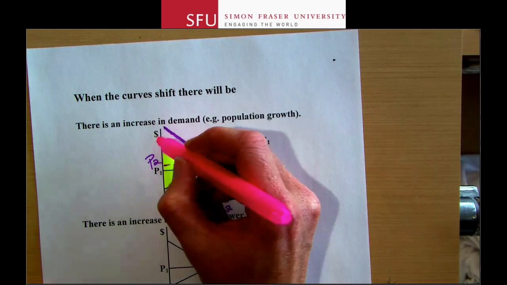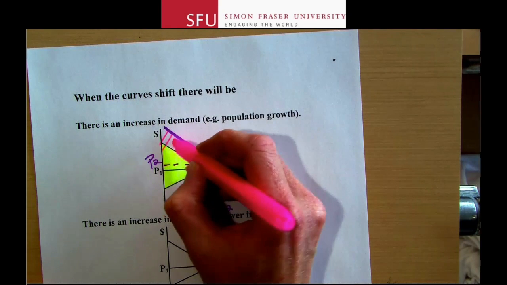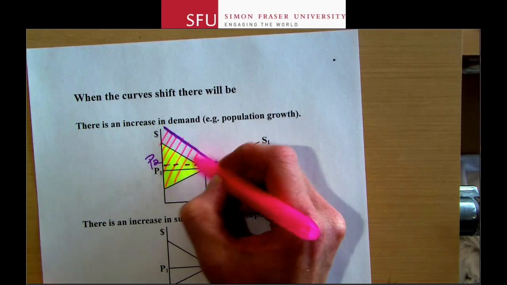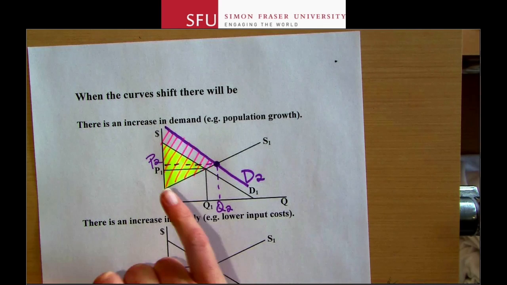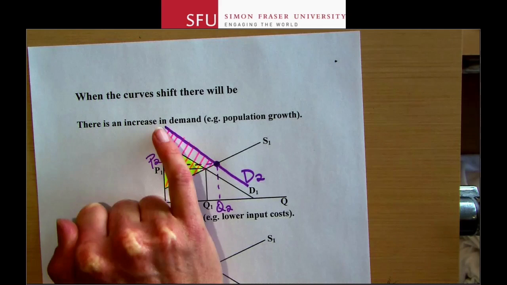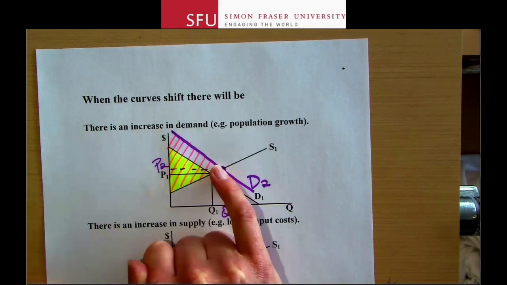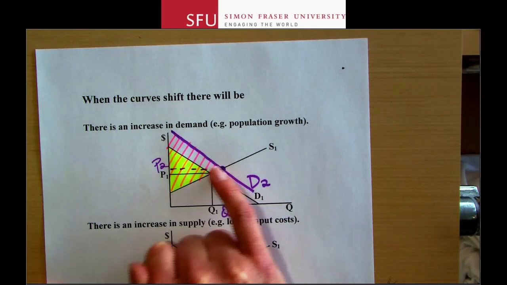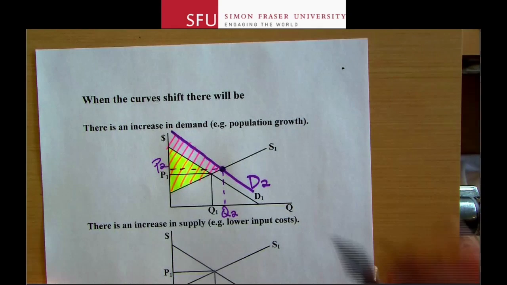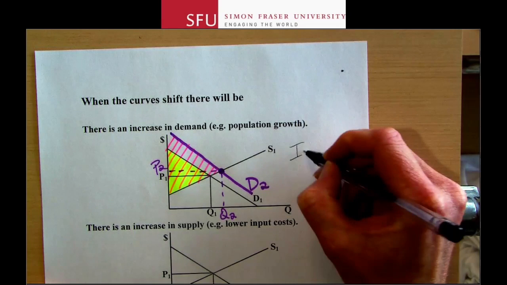So the total surplus would be now this bigger triangle. So the surplus has increased by this much over here, right? It was the small triangle, now it's the big triangle, so the difference there is the increase in surplus. I'll just make a note of that, increase in surplus.